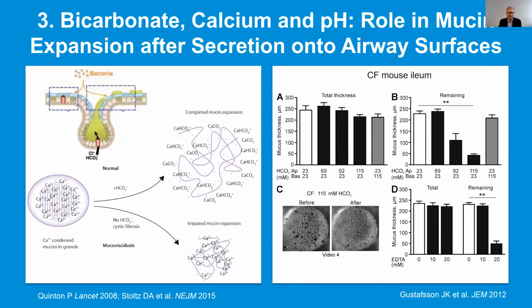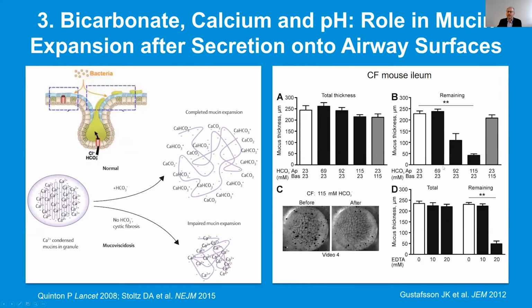And in 2008, Paul Quinton published a hypothesis that predicted that this bicarbonate secreted by CFTR onto the airway surface is important for the sequestration of calcium from negative charges in the mucins that are packed with high concentrations of calcium in the granule, and then upon release, this sequestration will expose negative charges, lead to electrostatic repulsion and rapid expansion, whereas in the absence of bicarbonate, this divalent bridging between calcium and the negative mucin charges persists, impairing proper expansion and transportability.